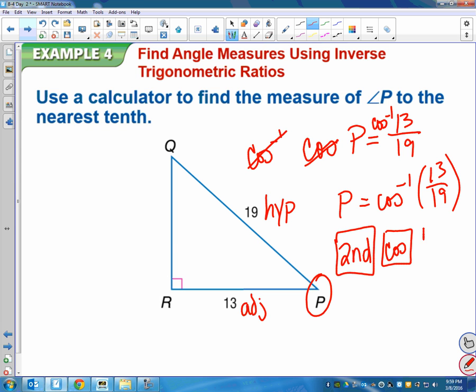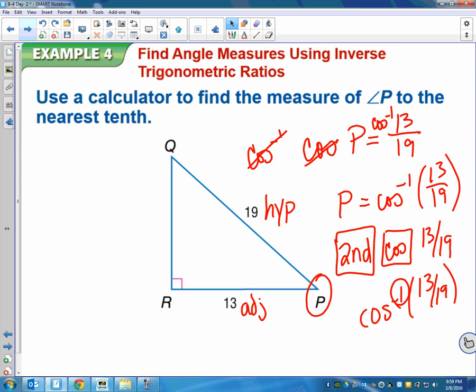Then you type in 13 divided by 19, or if you really want to do a fraction bar, you can. It should look like inverse cosine of 13 over 19. If it doesn't have that little -1 there, then you didn't hit second. If you're not getting it and someone around you is, please ask them to help you.